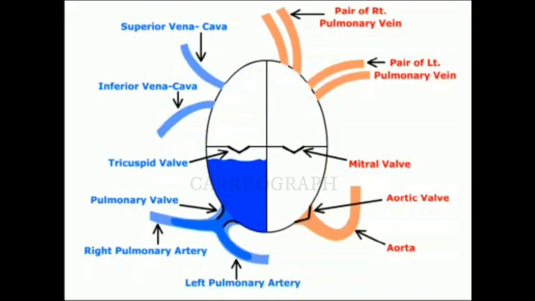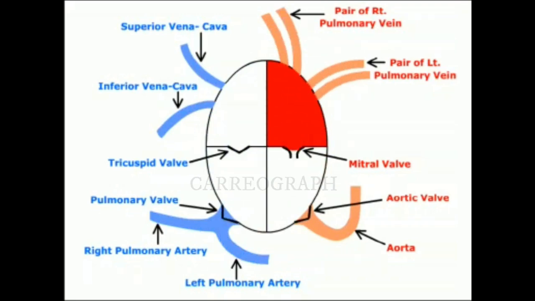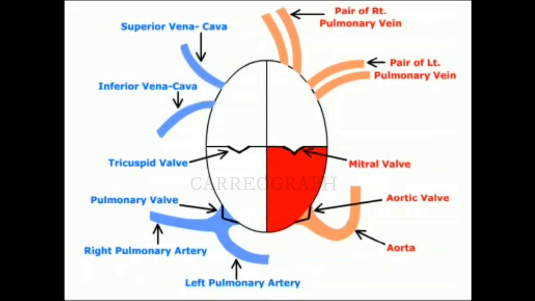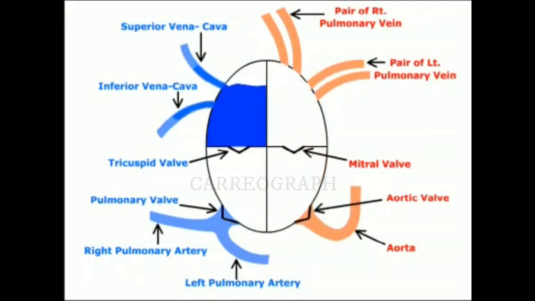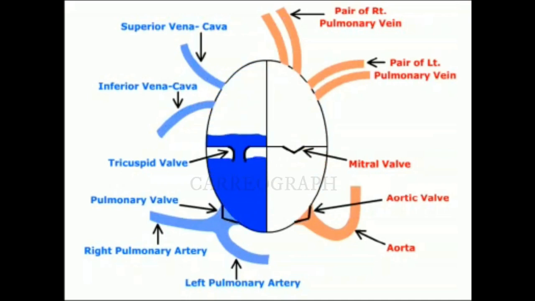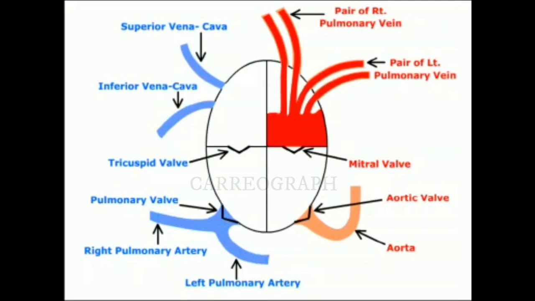When this left atrium is completely filled, the mitral valve opens and blood goes into the left ventricle. When the left ventricle is completely filled, blood goes into the aorta through the aortic valve across the body.